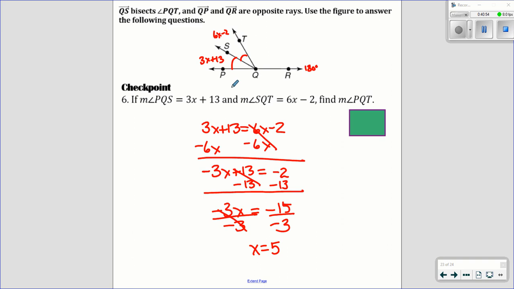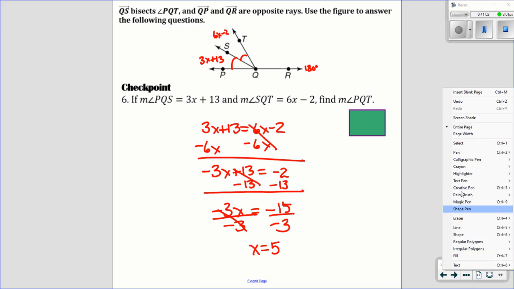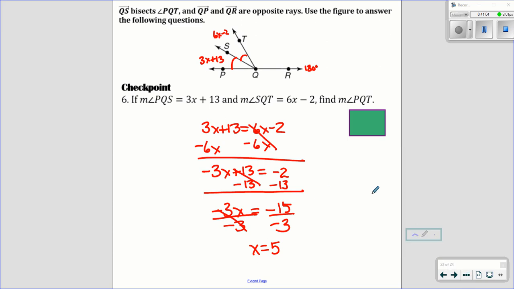Now, knowing that these two are congruent, that means they have to be the same. So whatever I find for one of them, I have to just double it. I'm going to use another color to show that. I'm going to use angle PQS, which was 3x plus 13. I'm substituting what I found for x. So this would give me 15 plus 13, which would be 28 degrees.